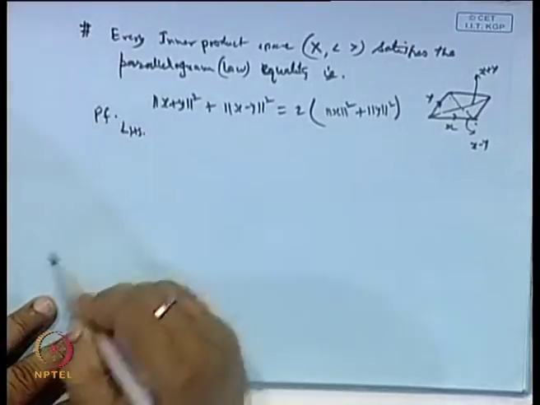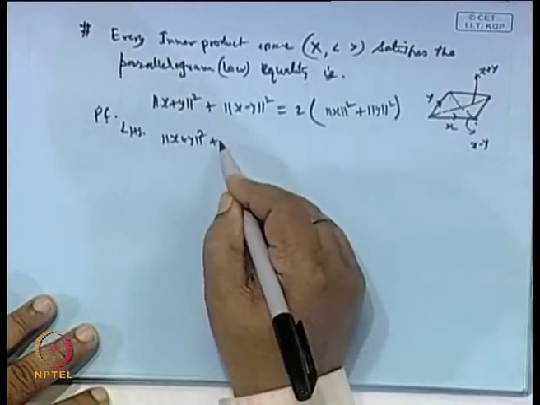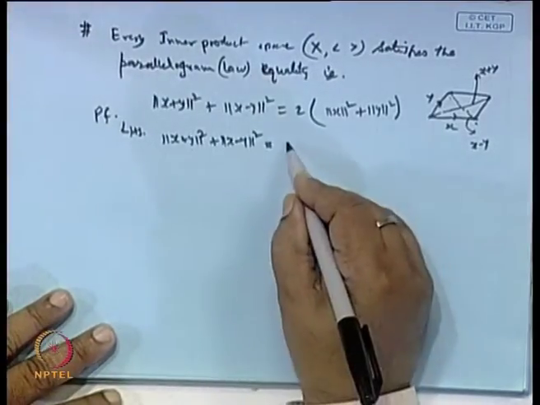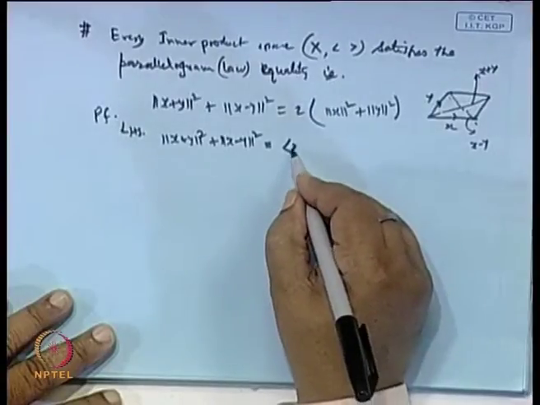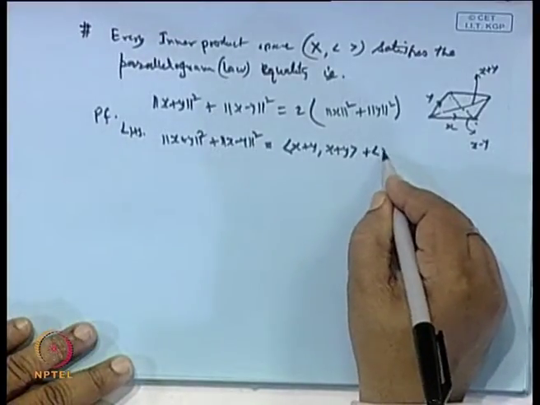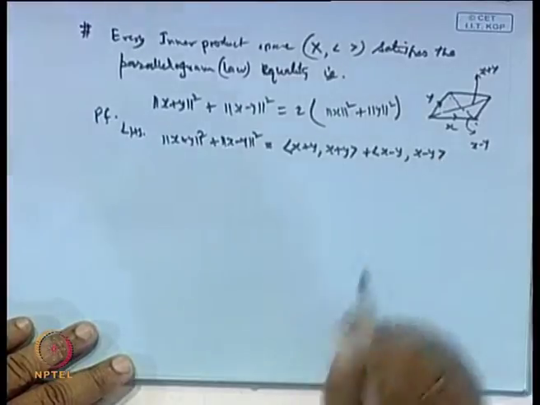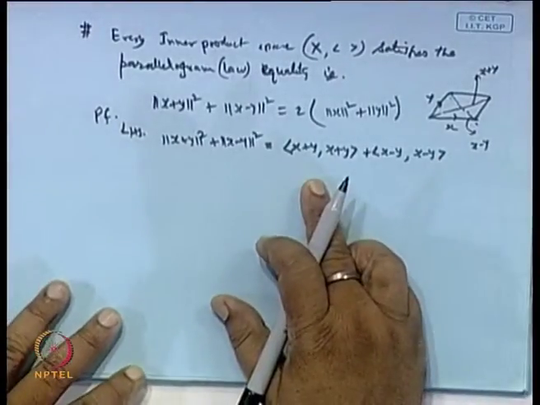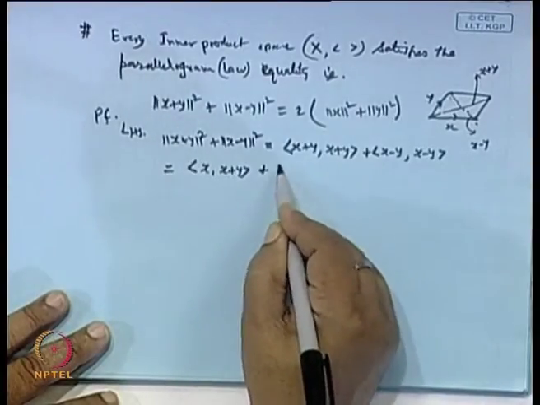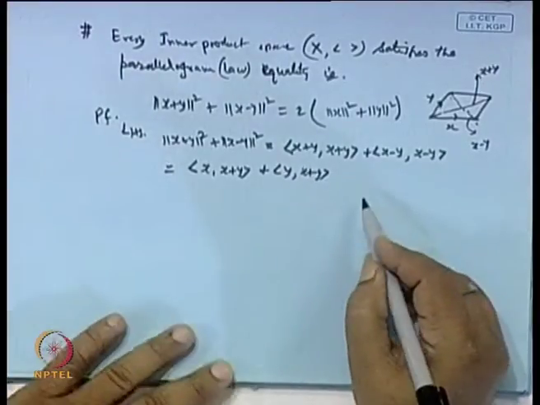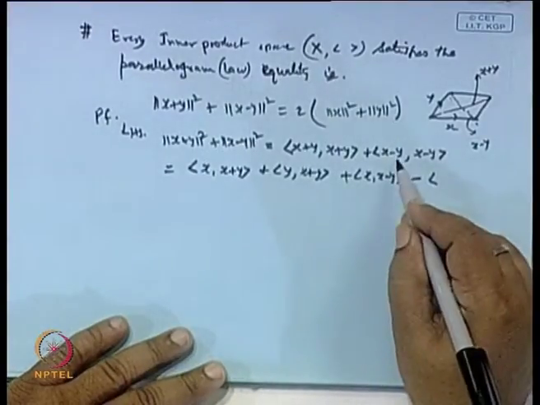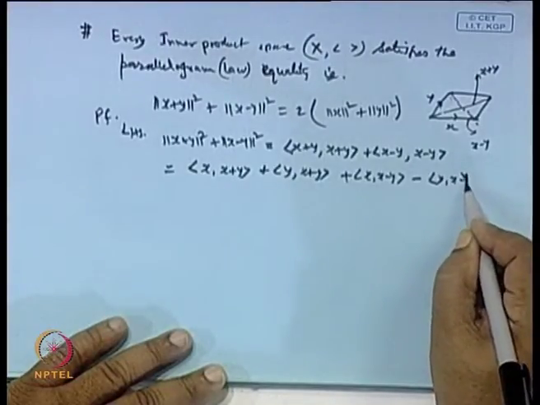If we take the left hand side, norm of x plus y square plus norm of x minus y square, then by definition, norm of x plus y whole square means the inner product of x plus y, x plus y, and norm of x minus y square is the inner product of x minus y, x minus y. Now, apply linearity. We get x comma x plus y, plus y comma x plus y, plus x comma x minus y, minus y comma x minus y.